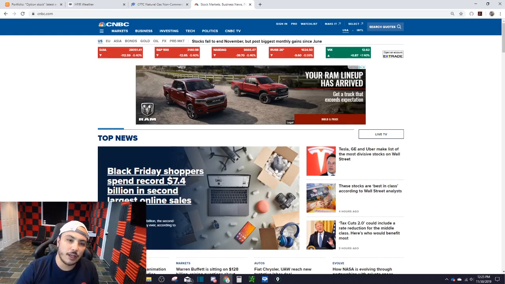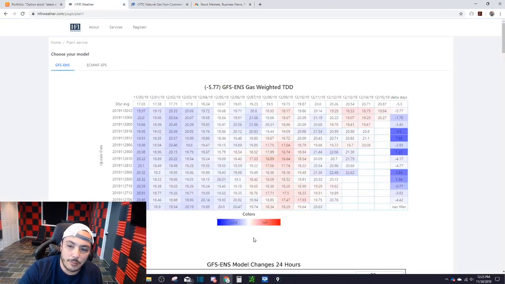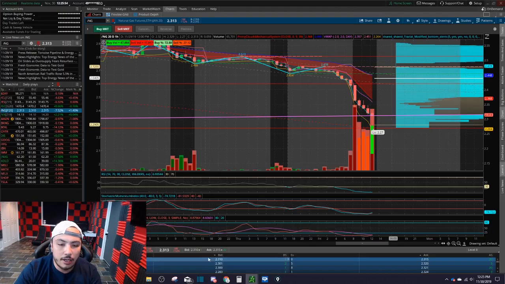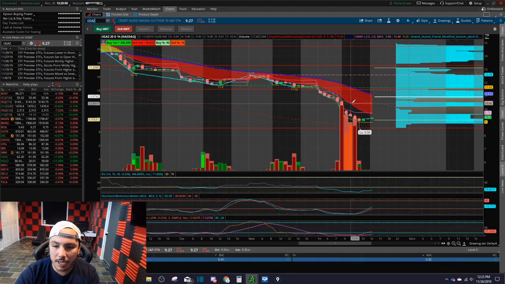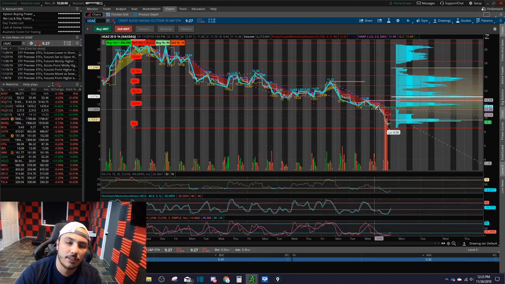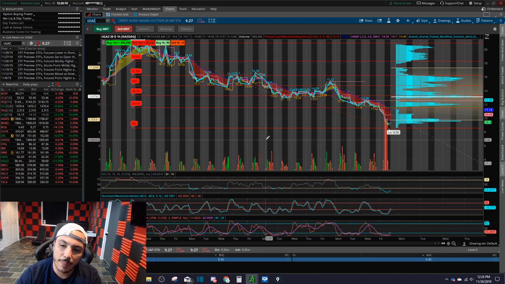Now, the other thing that you guys need to pay attention to is weather models. A lot of people say, hey, I'm going to be buying UGAZ, DGAZ based on price action. You guys know UGAZ and DGAZ are 3 times leveraged ETFs, which run off a natural gas index, which on Thinkorswim is /NG.